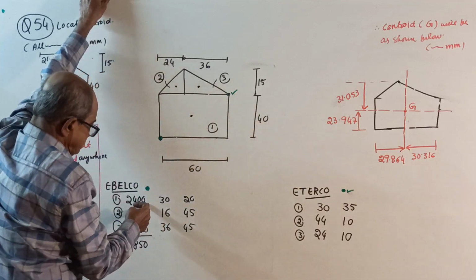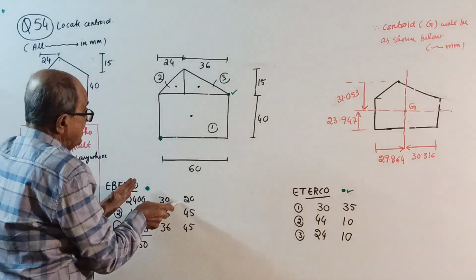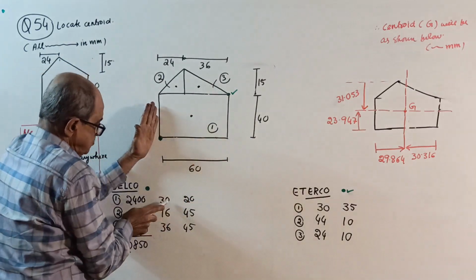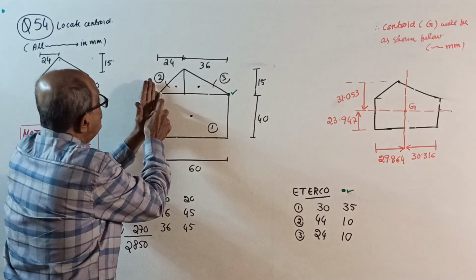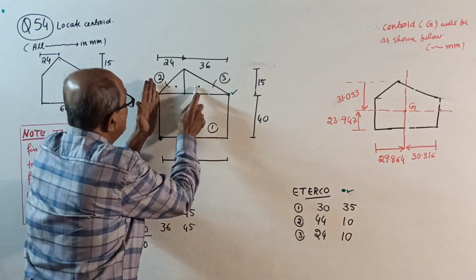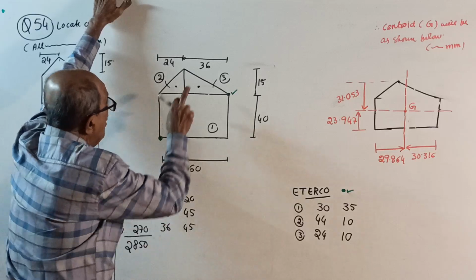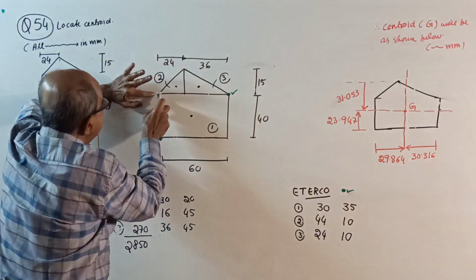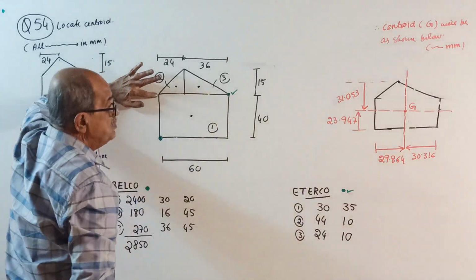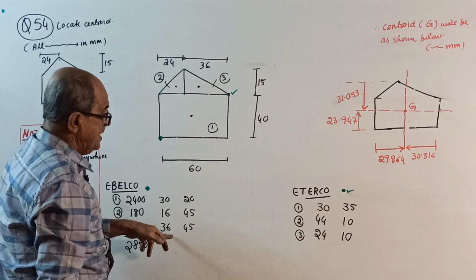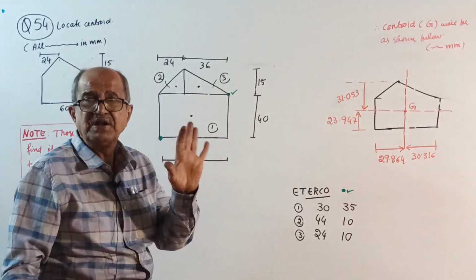Areas I will not explain for this question. x1 for this here, 60 by 2, 2 by 3 of 24, 24 plus 1/3 of 36. It came, this 36 is not that 36. It is 24 plus 1 by 3 of 36. Someone will ask, how did that 36 come here? Leave the class. I should be very harsh.